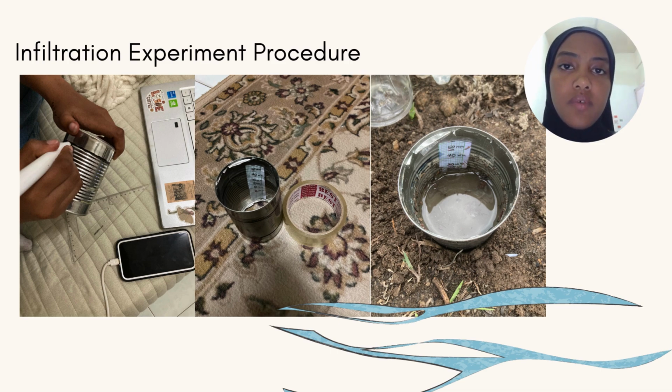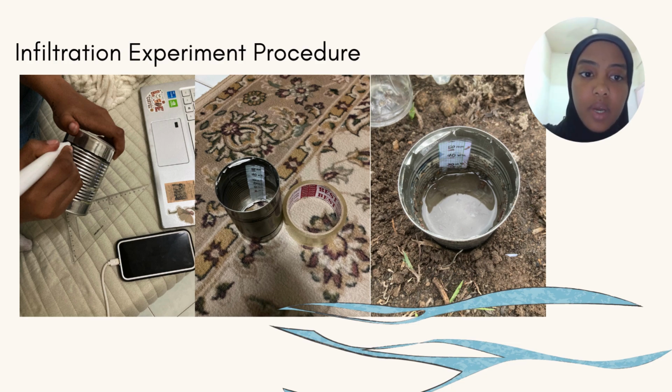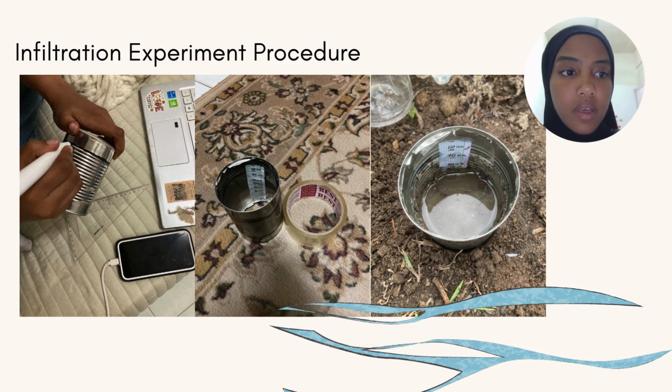Okay, in infiltration test, we use a simple model. We followed the method shown in the tutorial video. We made a simple infiltration ring by cutting a metal can and marking the 5 centimeter water level using a marker.